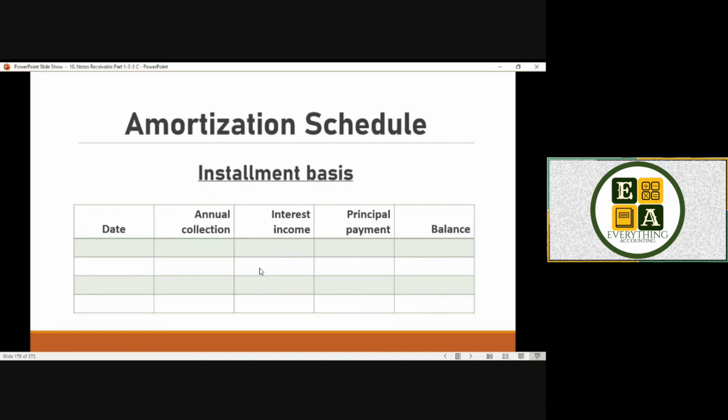The annual collection will refer to the full installment payments. Then we have a column for the interest income based on the unpaid balance. Then principal payments, which is the difference of the annual collection and interest income. Then we have the balance or the carrying value of the non-interest-bearing notes receivable.